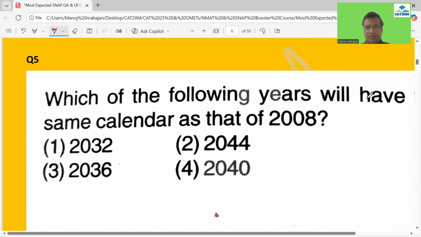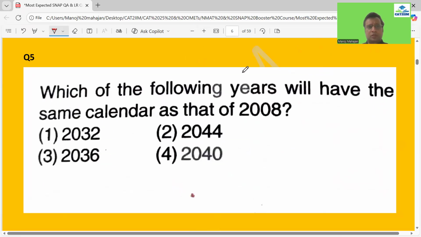Now, this is again a very standard question which you can expect in the SNAP paper. They're asking, the leap year 2008 would have the same calendar when? Remember one thing, whatever day was there on 1st Jan 2008, I have to look forward for a leap year after 2008 where the calendar would be the same.